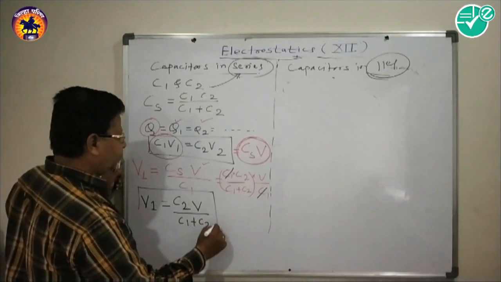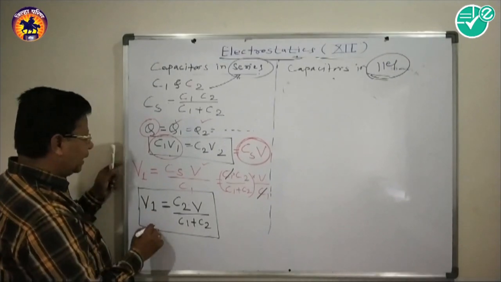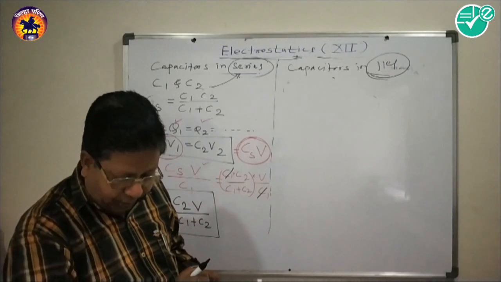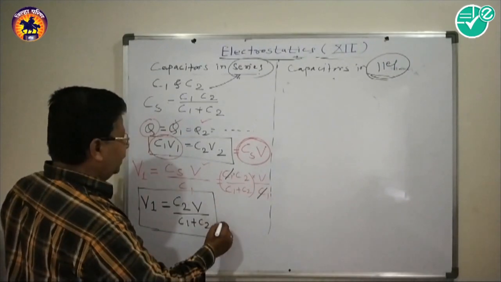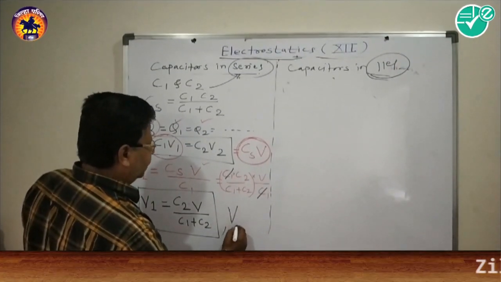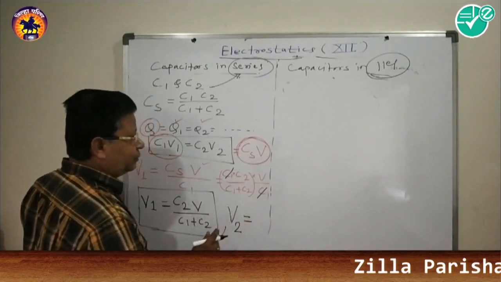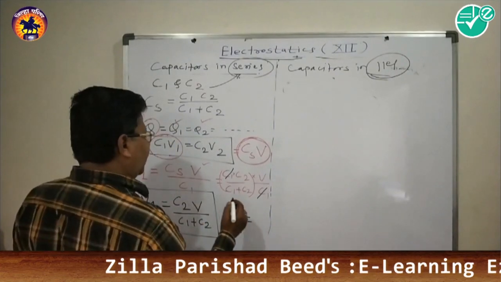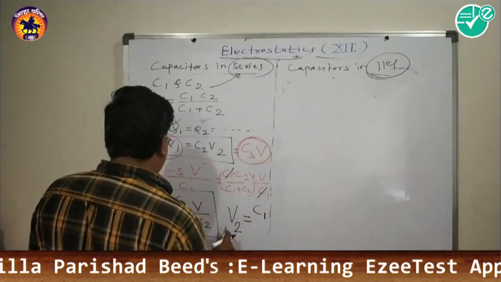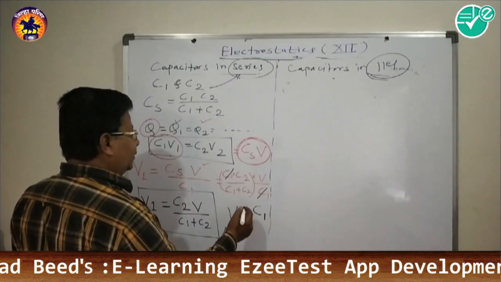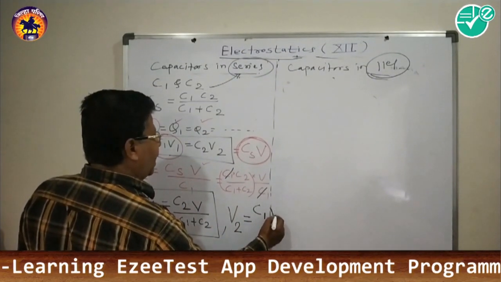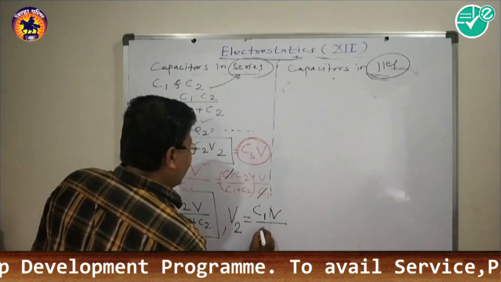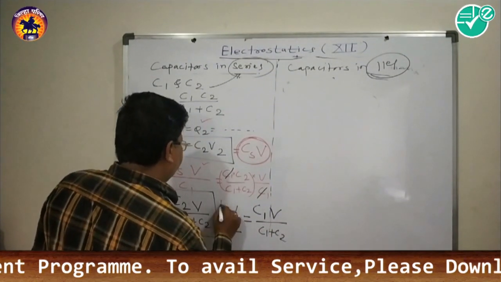So by using this formula, we can directly calculate the PD across capacitor C1, and similarly we can find the potential difference across the capacitor C2, and the value of this comes out to be C1, that means the remaining capacitor out of the two, multiplied by potential difference applied divided by again C1 plus C2.